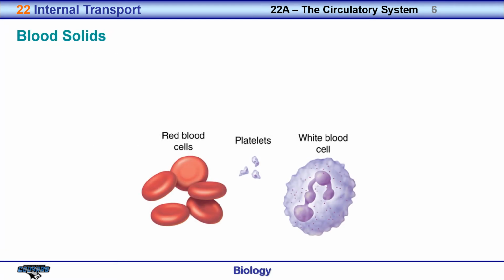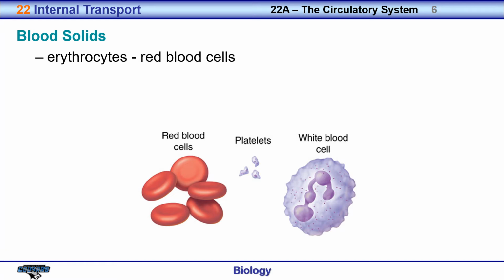Now, in the blood solids, we have the red blood cells, white blood cells, and blood platelets. And this is that 45% of the blood volume that we talked about. The erythrocytes, or the red blood cells, we'll learn a little bit more about.